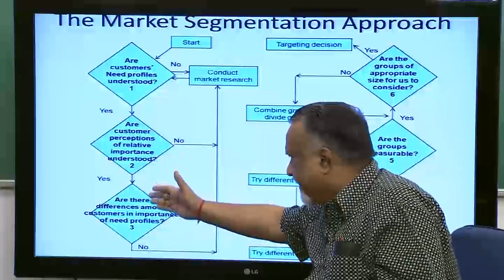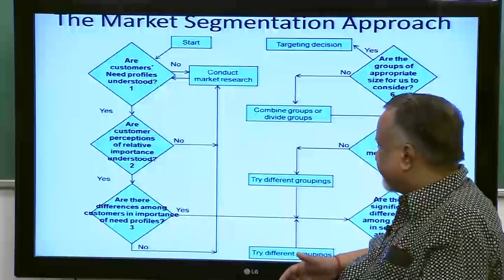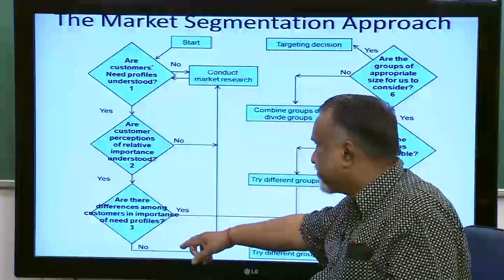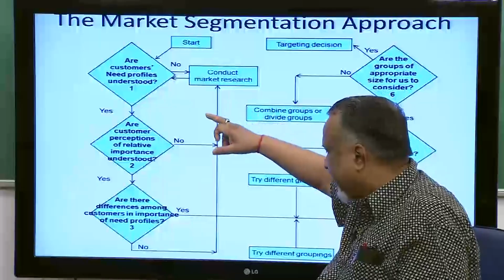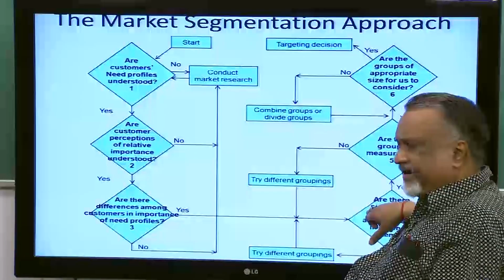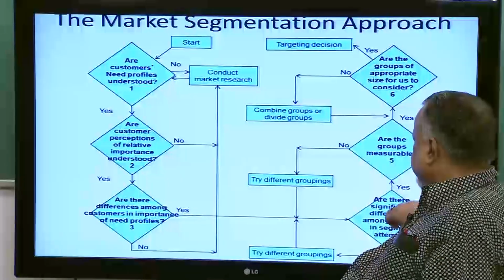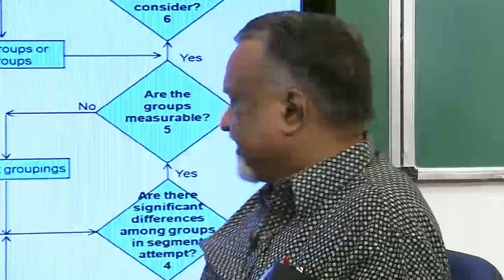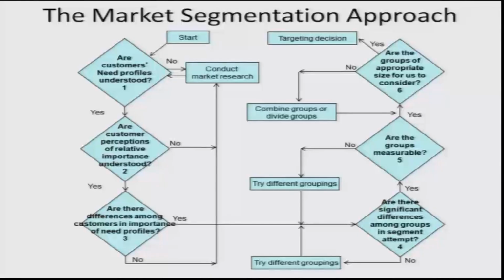Do we know that, and can we create those sub segments? If the answer is no, again go back to market research. If the answer is yes, then we go to the next one: are there significant differences among these subgroups? If no, then actually try a different type of grouping.